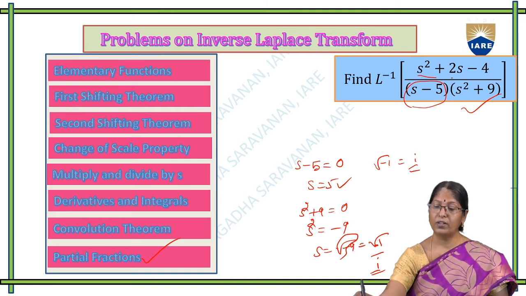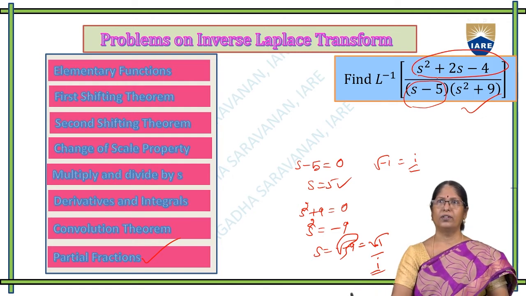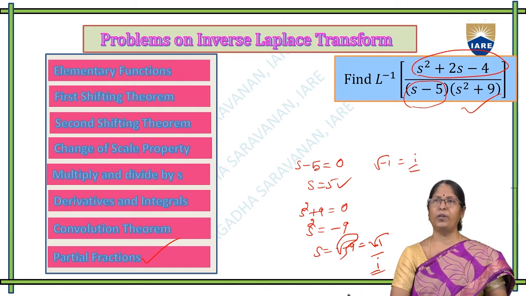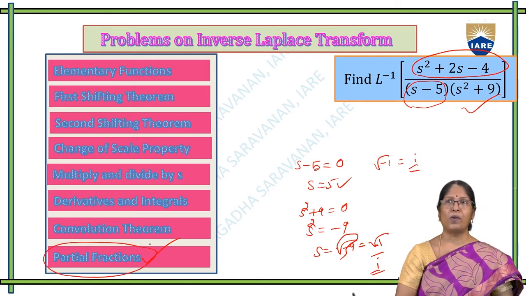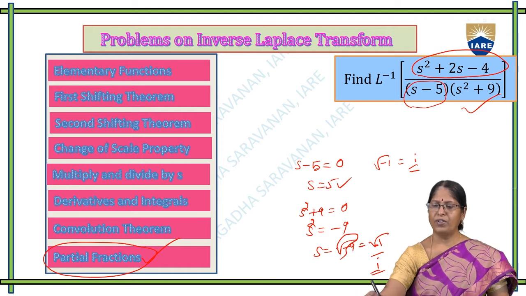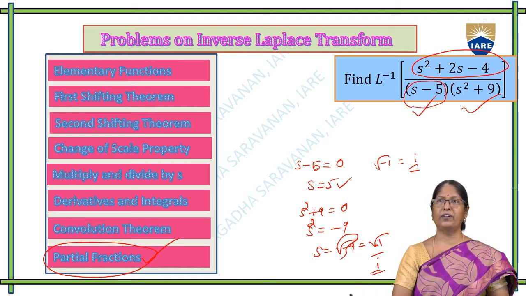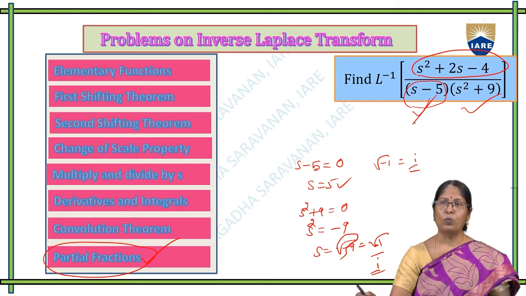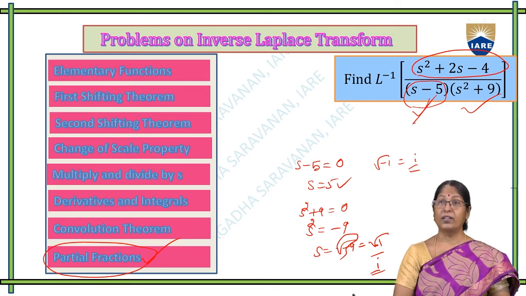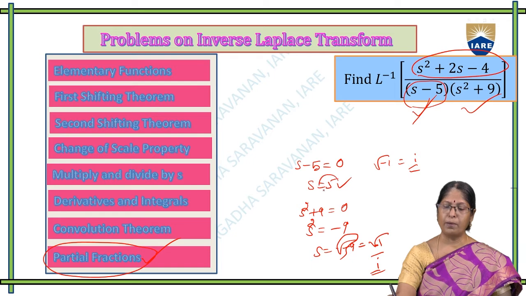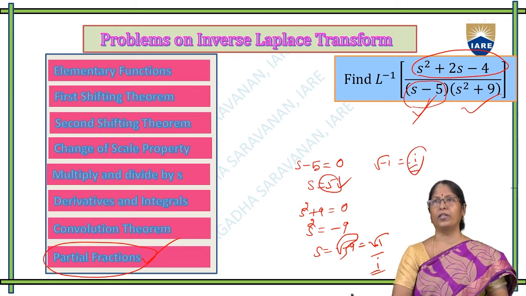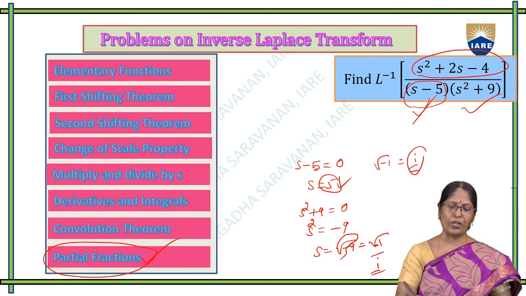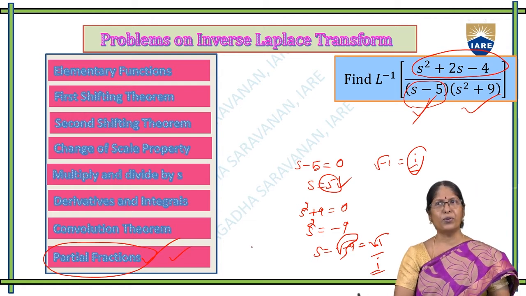So the numerator, we won't bother. Any term can dominate in the numerator, that is fit for this partial fraction. We will check the denominator. If we solve, whether we get the result in terms of real numbers or complex numbers, that we will be checking. If it is a complex number, according to partial fraction, what is the rule?